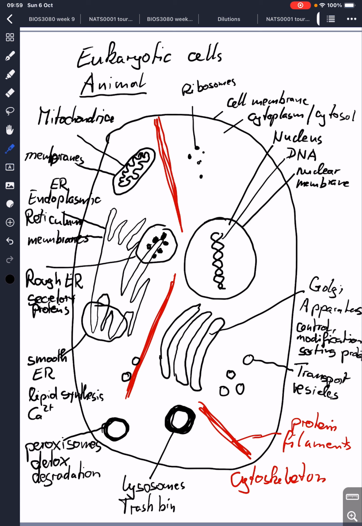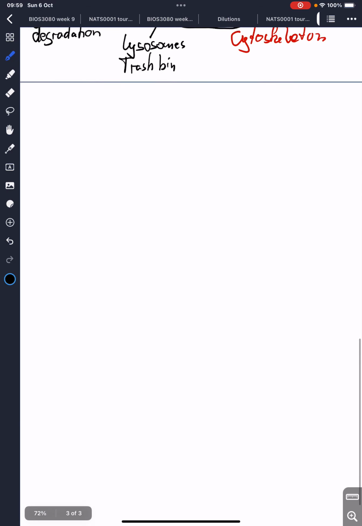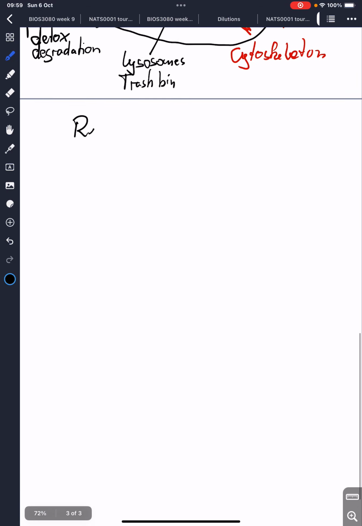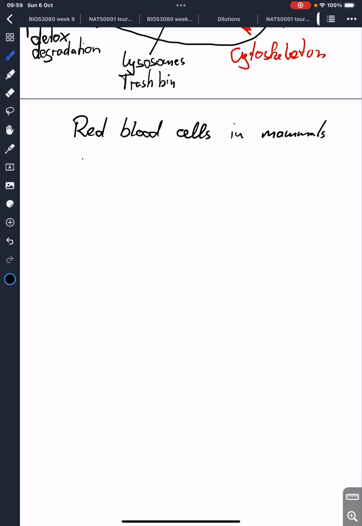And the answer is no, not all eukaryotic cells contain a nucleus, because red blood cells in mammals, I should say, do not contain a nucleus.